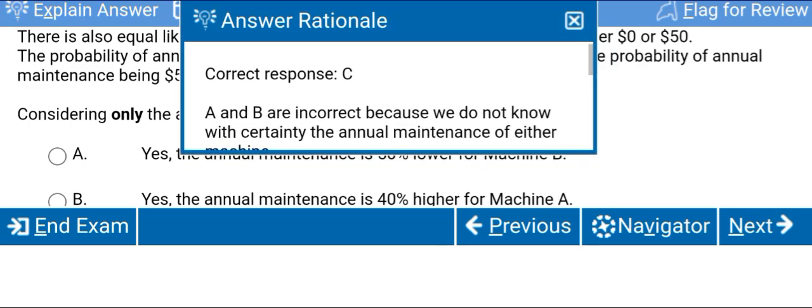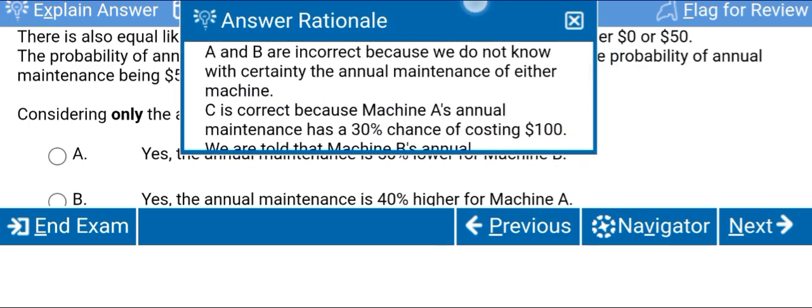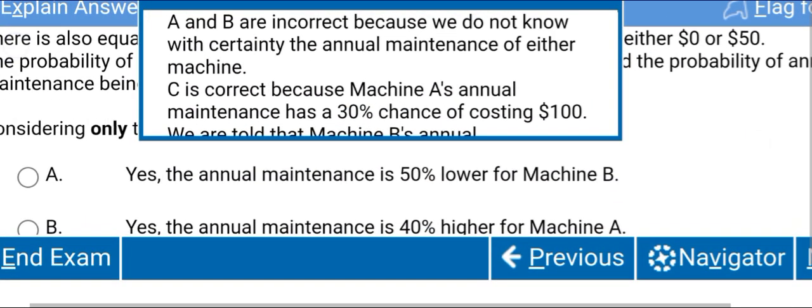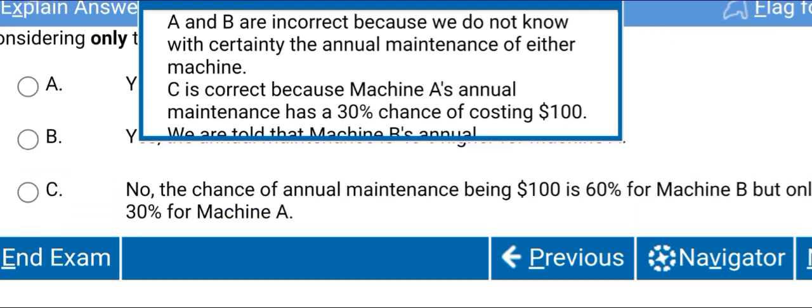So here the correct option is option C. A and B are incorrect because we do not know with certainty the annual maintenance of either machine.